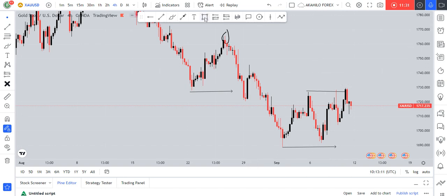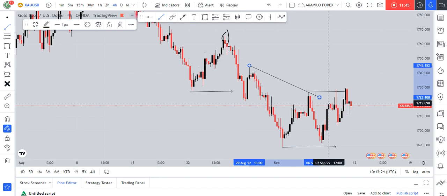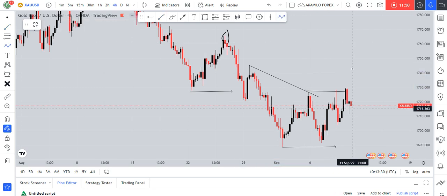So we'll now be expecting price to then come and take this. There are many ways that we can look at it. Price can use here as a trend line liquidity to move to the upside and tap into this obvious level, and then move bearish.